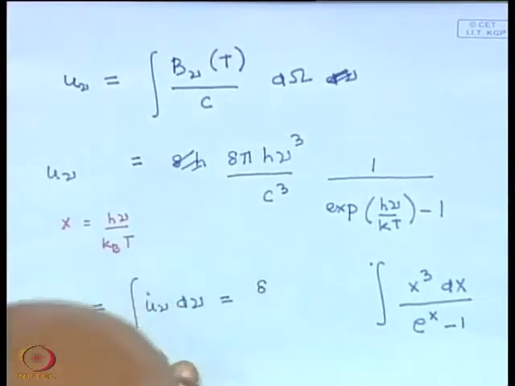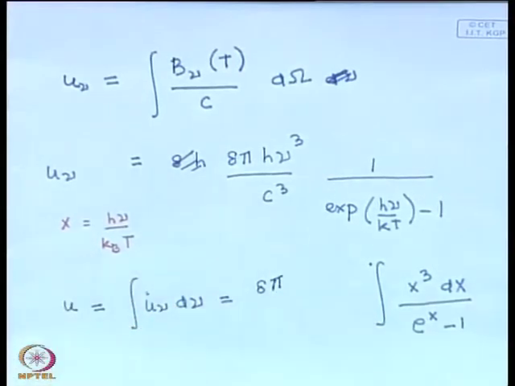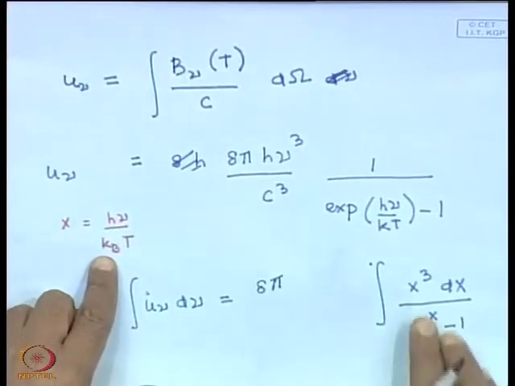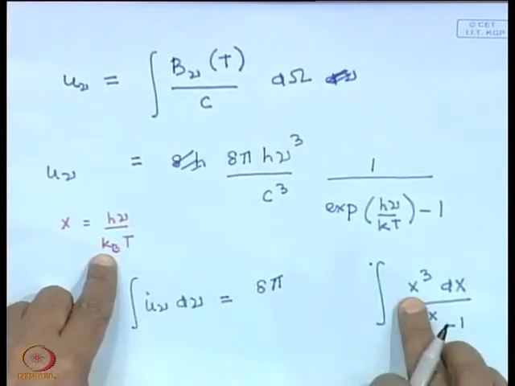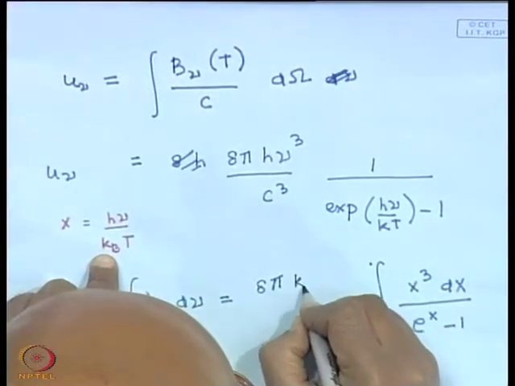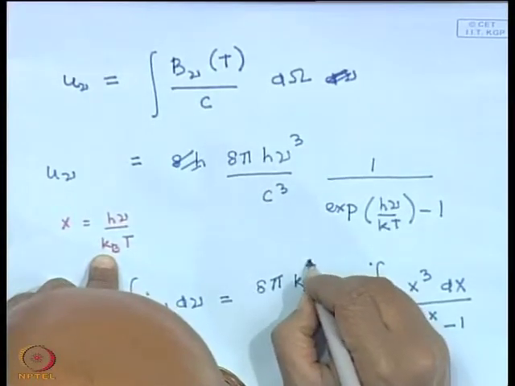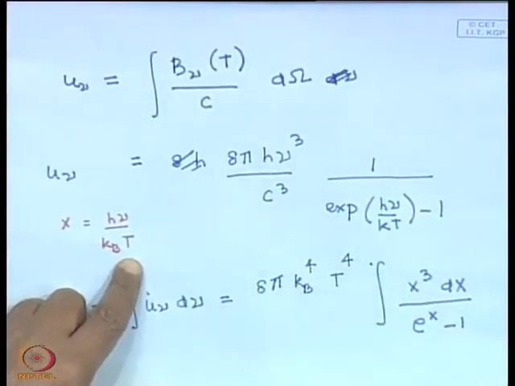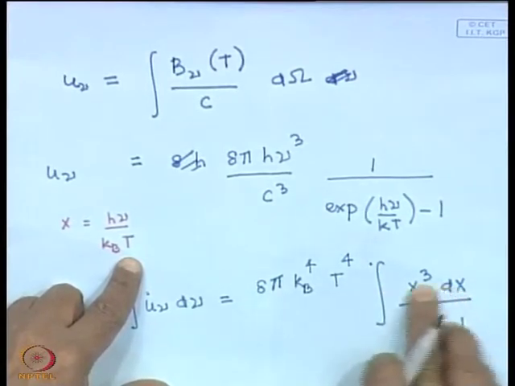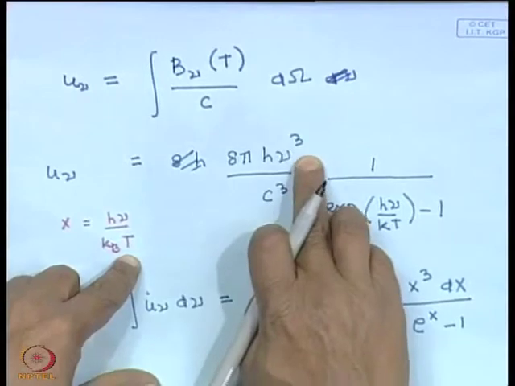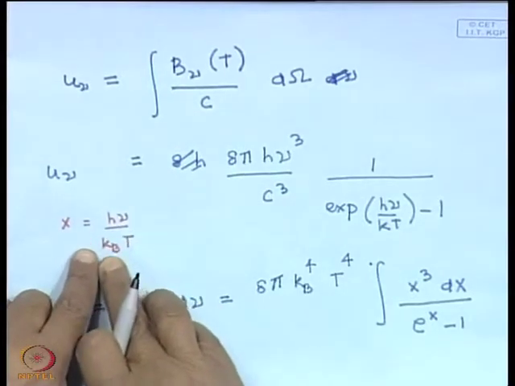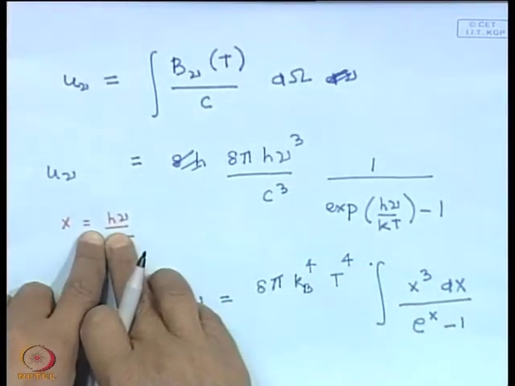I have 8 pi, and we shall have kB to the power 4 and T to the power 4, because we had nu cube and d nu over here, and I want to convert them into x. So, I have to multiply this with (kB T by h) to the power 4.